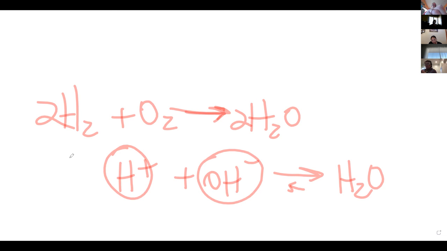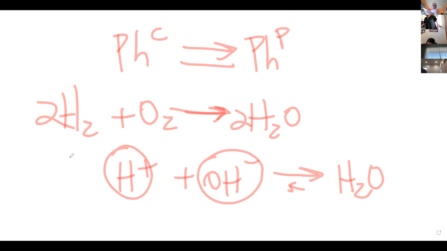And with your phenolphthalein reaction, this being clear, and then this being pink, that readily goes back and forth, depending on the pH. If the pH is above 8, it's pink. But anytime the pH drops below 8, it's clear again.